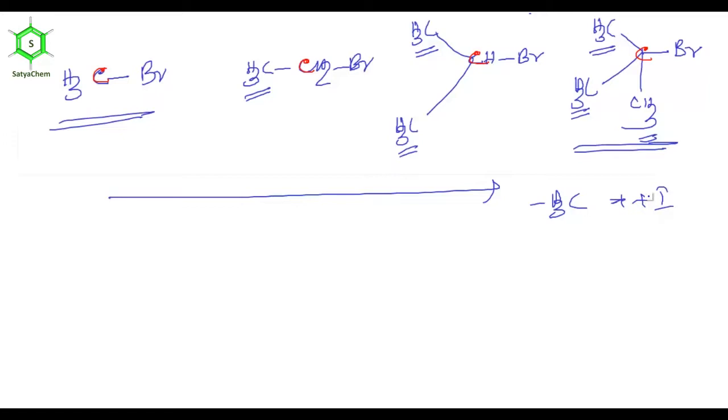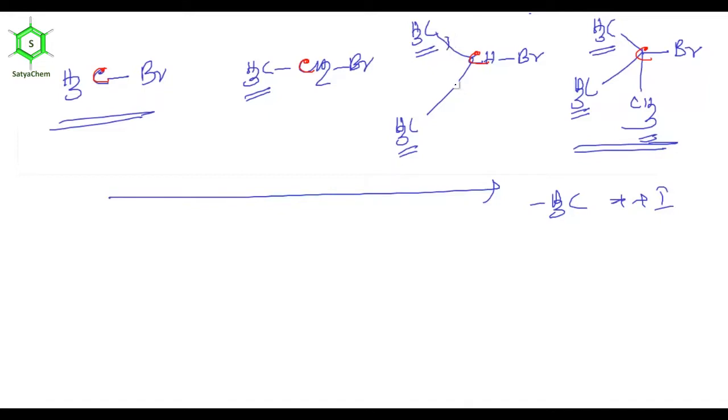So what I am telling you is that on moving from left to right, the electrophilicity of the carbon bearing halogen decreases because of the enhanced plus I effect of an increasing number of methyl groups. As the number of methyl groups increases, they donate electron density through sigma bond.